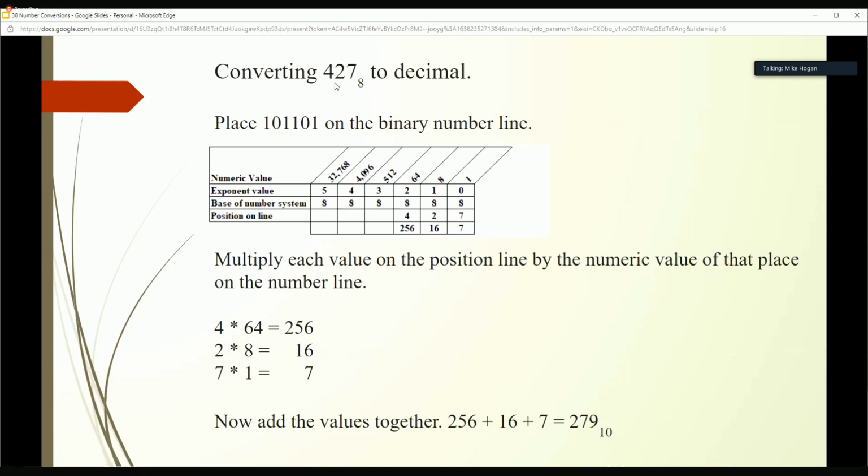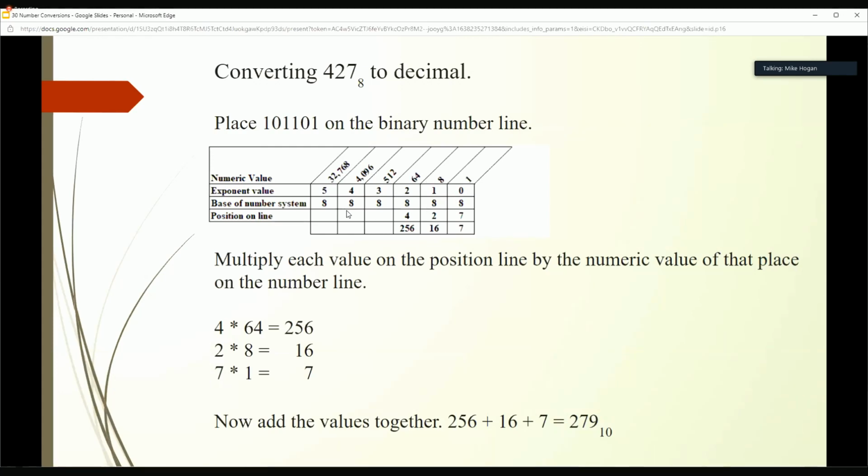But when you put 427 on the line, I've got 7 ones. I've got 2 of the 8 column. Remember that was 8 to the 1, so weighted 8. And I've got 4 of 8 squared, or 64. So 4 times 64 is 256. I add those together: 256, 16, and 7 gives me 279 in decimal. Once again, it's the same process. It's just a matter of making sure that you get your weights right.